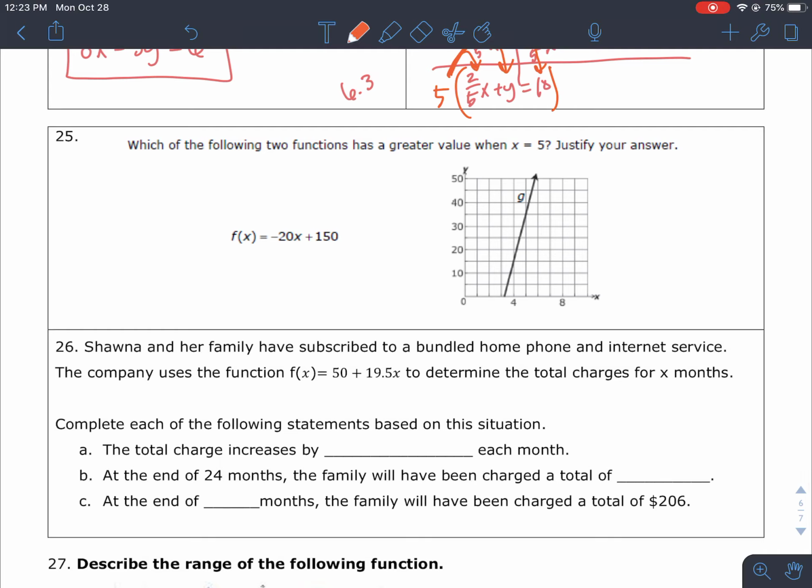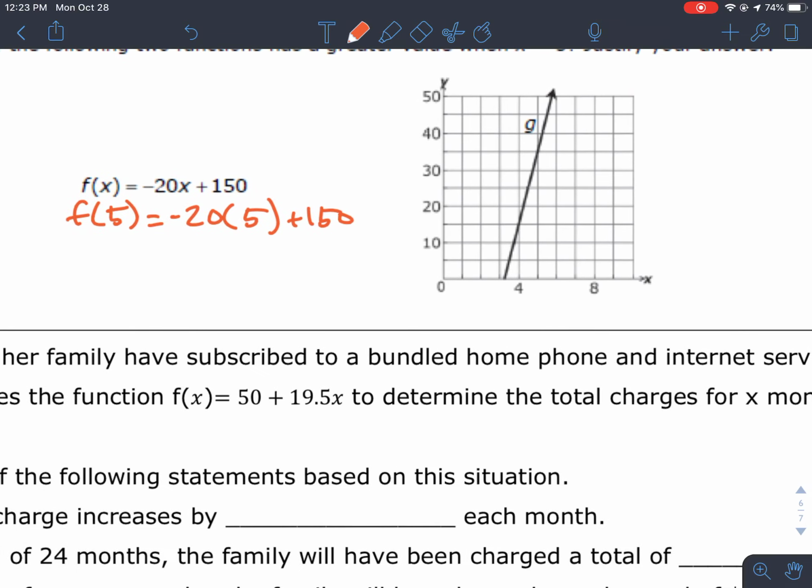Which of the following two functions has a greater value when x equals 5? Justify your answer. So the first one is f of x. I'm going to plug in f of 5 and solve that. So -20 times 5 is -100. So f of 5 equals 50.